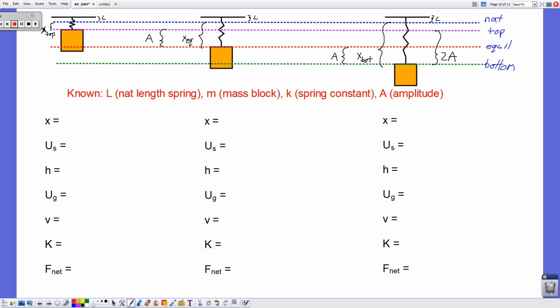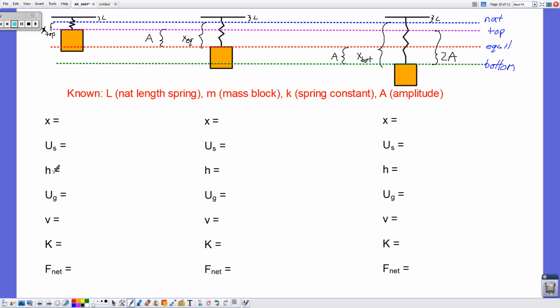What I want you to do for the rest of class, because it just might take you that long, is fill out this table that I have in front of you. In terms of L, m, k, and A, and with the stuff I've given you here as a hint, tell me the displacement of the spring at each of the three positions, and the potential elastic energy at each of the three positions.